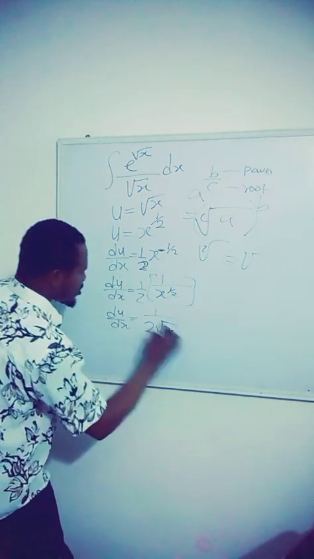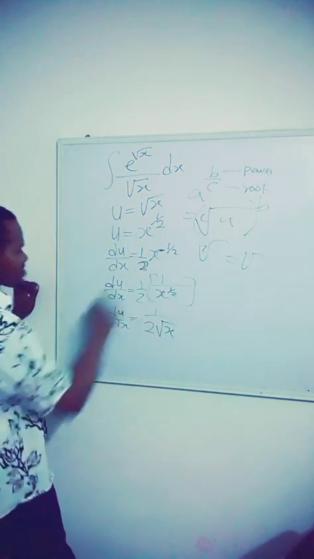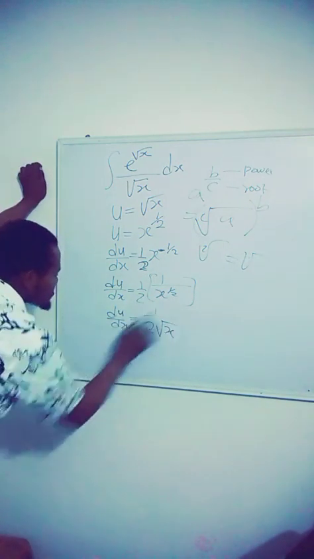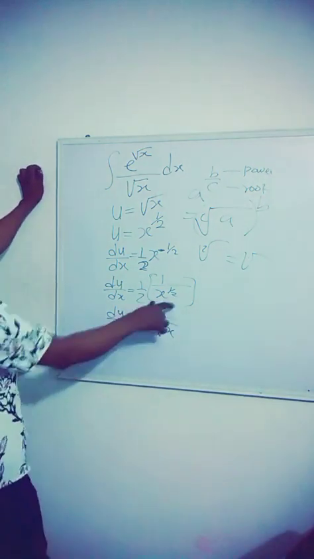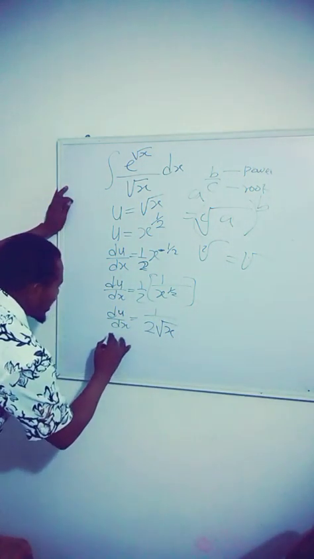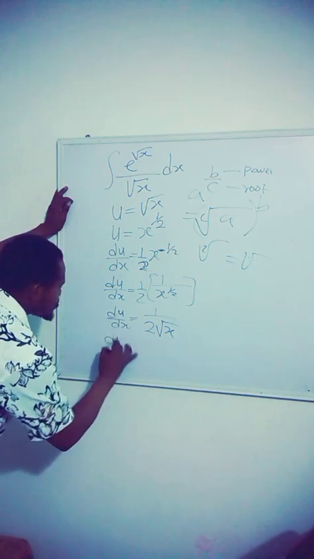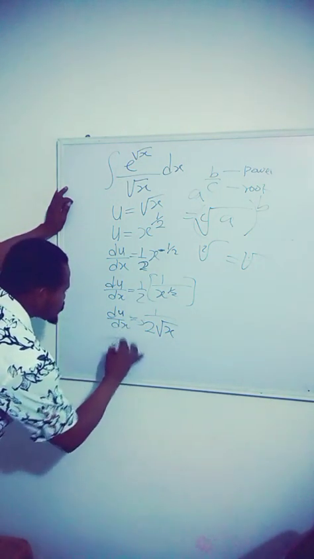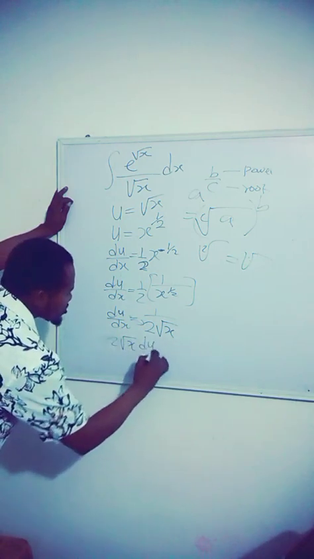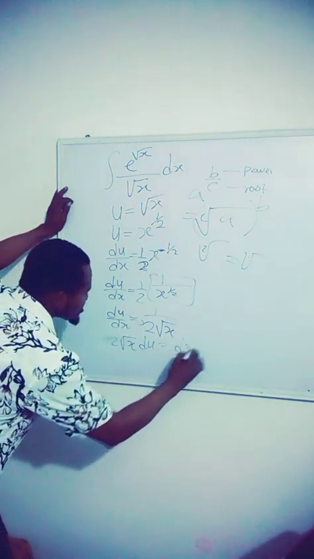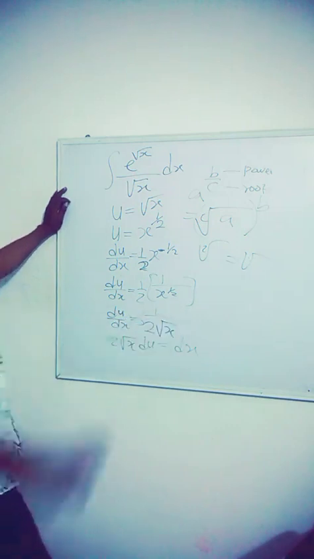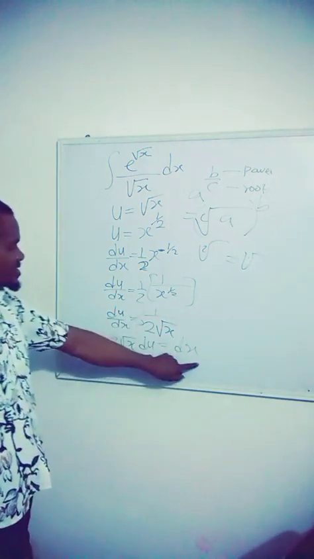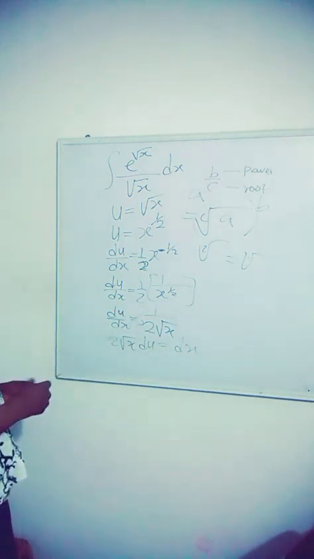By the time we cross multiply, we are having 2 root x du is equal to dx. So this is what we are replacing dx with. Now let's go back to our question and solve it.